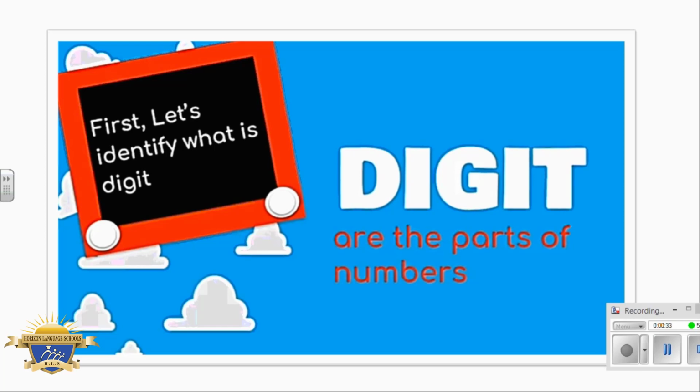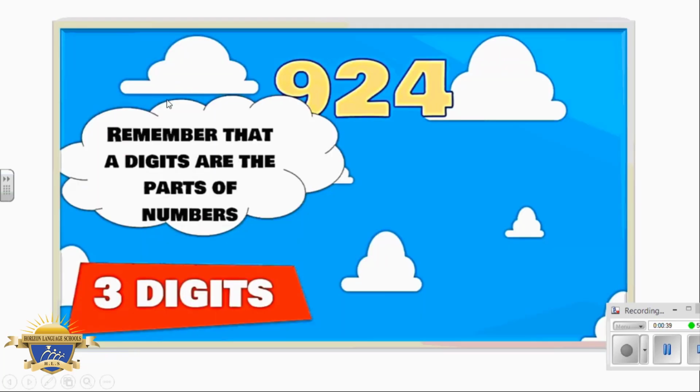The digit is a part of numbers. The digits are the parts of numbers. I have here number 924. Can you tell me how many digits in this number? Okay, to know the digits of any number, we will count how many numbers do we have. So let's count together.